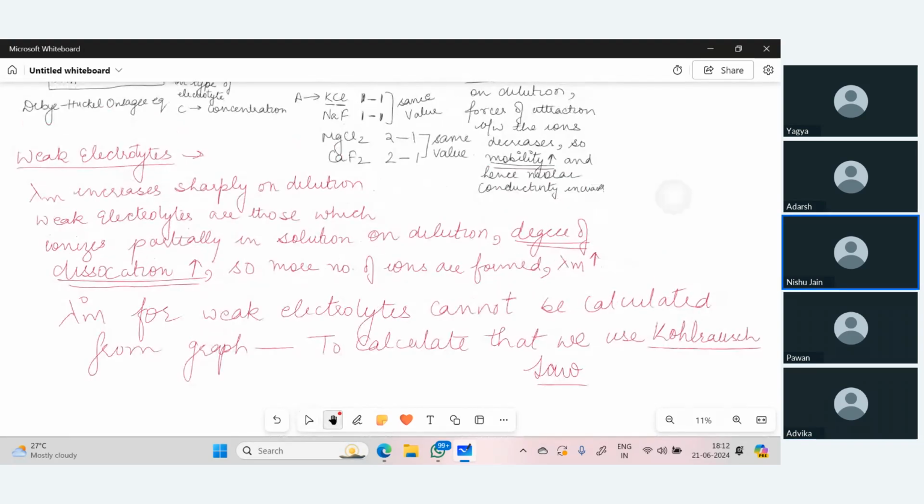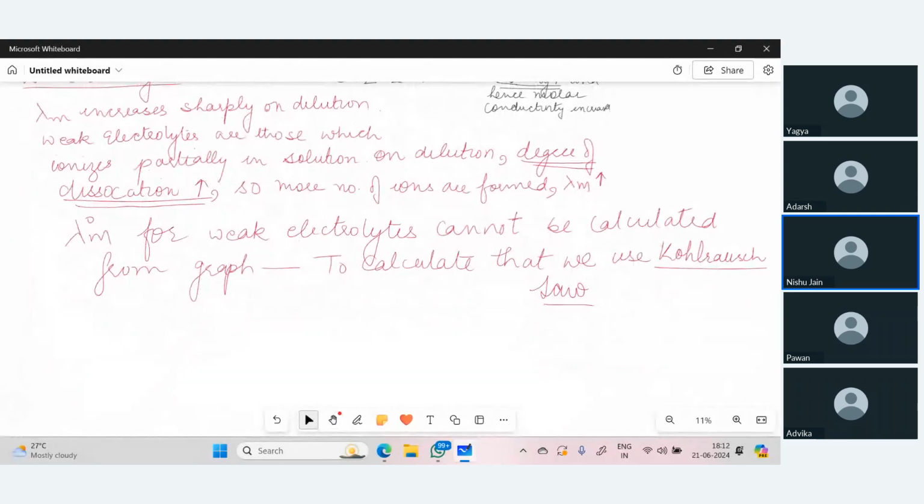Okay. Now there is one question. All of you just listen carefully and tell me the answer. This question has come many times in exams also. The molar conductivity of A increases 25 times on dilution, and the molar conductivity of B increases 1.5 times on dilution.